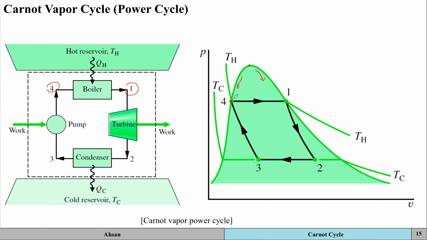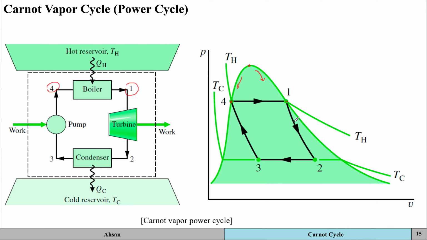Because the temperature and pressure remain constant, you move horizontally on this PV diagram and get to state 1, and at state 1 you've got steam, 100% vapor. That's why you're on this line and not inside or outside of it.